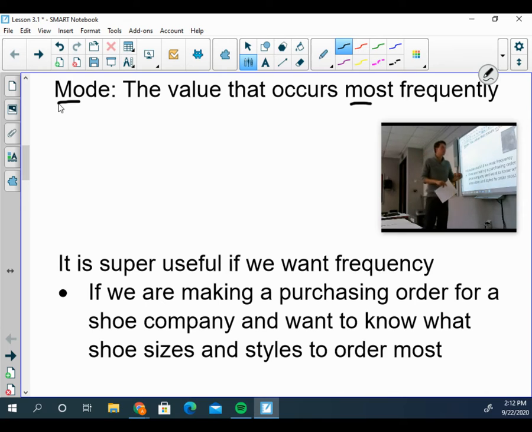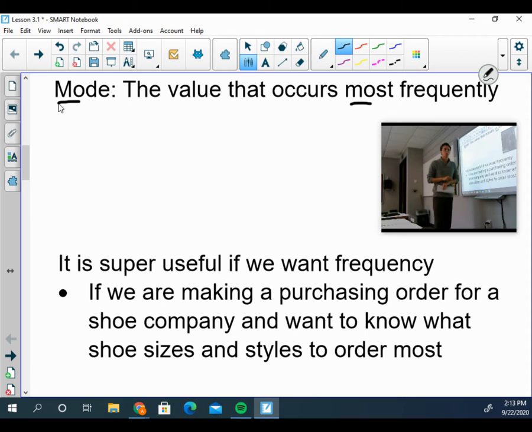Why do we care about the mode? Well, it is super useful if we want frequency. The example I like to give for where mode is impactful, if I was making a purchasing order for a shoe company and want to know what shoe sizes and styles are ordered most often, right? Because maybe the median shoe size or the average person's shoe size is not what I'm selling most of.